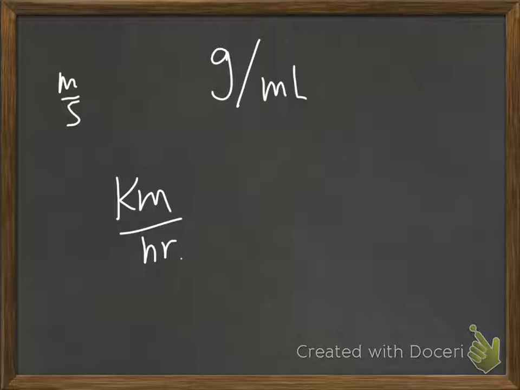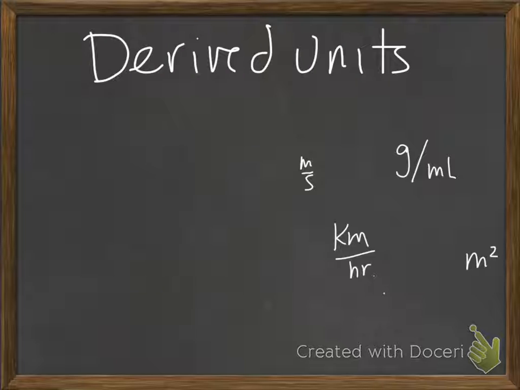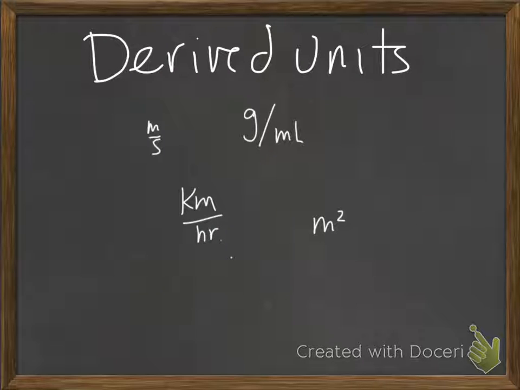Meters squared. A derived unit, so derived units are anything we get when we multiply or divide multiple SI units. So meters squared, centimeters cubed, those are also derived units because we are multiplying SI units.